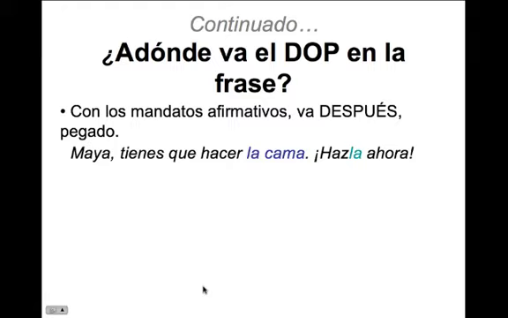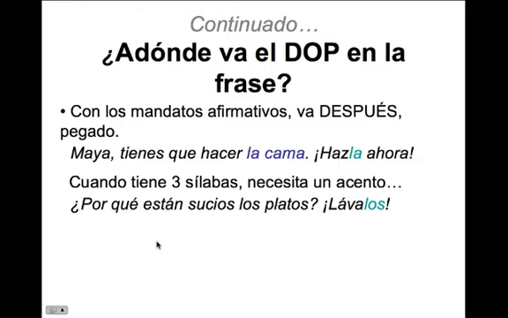So the it is the bed, and the la is attached to the mandato, the command for make. Now it's different when there are three syllables. So when it's longer, like for example, lávalos, wash the dishes, wash them, you have to add an accent on the third to the last vowel.